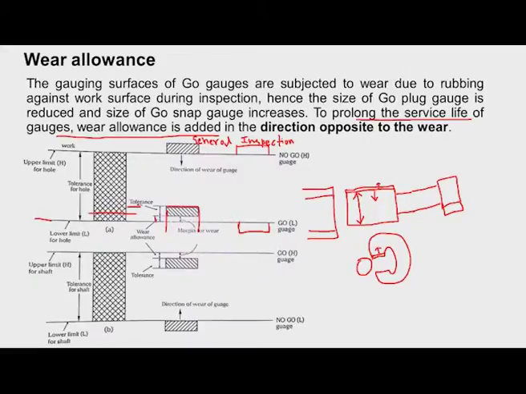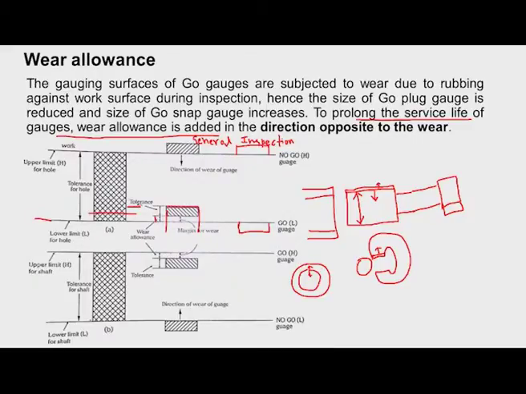Now similarly for shaft, this is the work tolerance, that is shaft tolerance, and this is the lower limit of the shaft and this is the upper limit of the shaft. To check the shaft, we use either ring gauges or snap gauges. So the wear will be in the reverse direction, in this direction, so the tolerance and wear allowance is provided in the reverse direction as shown here.